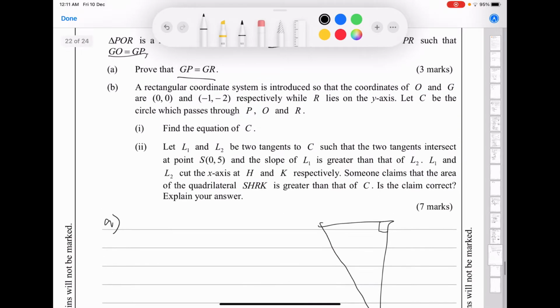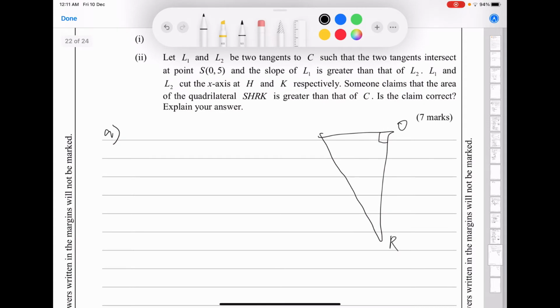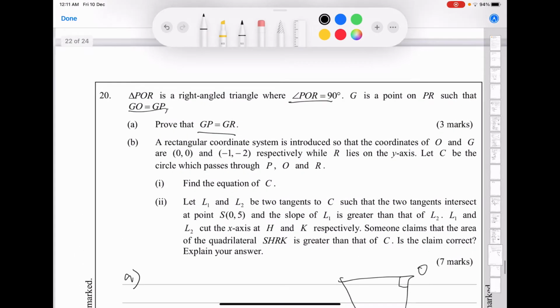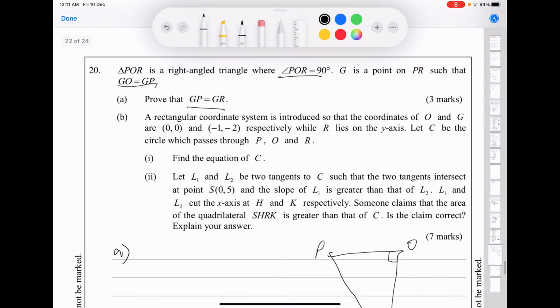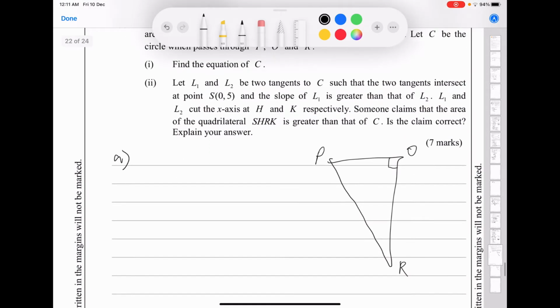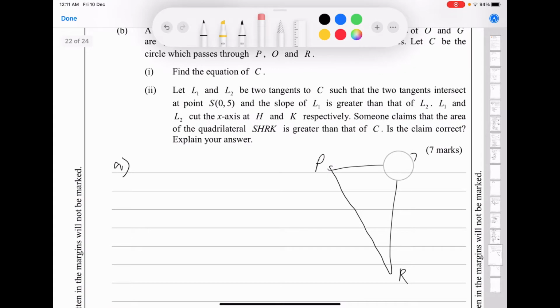Okay, so this will be O, this will be R, and this will be P. Okay, so we already know that G is the point on PR in which GO equals GP.